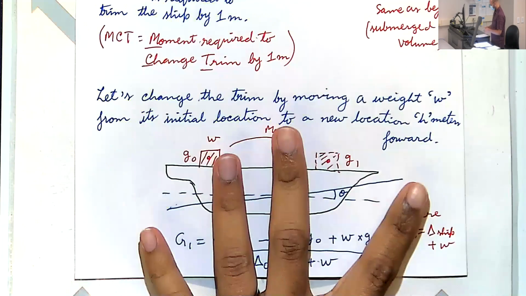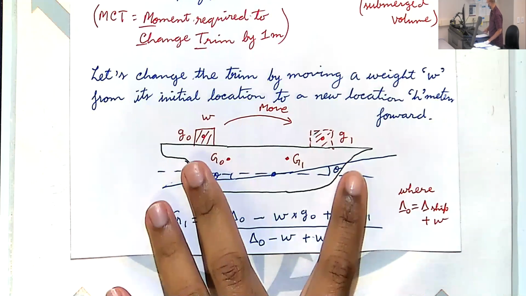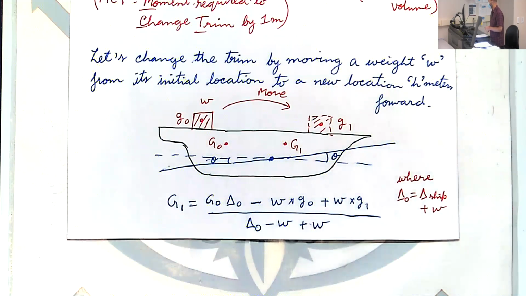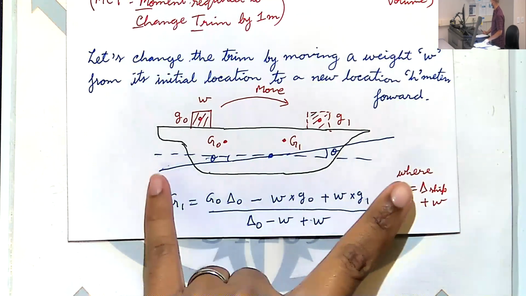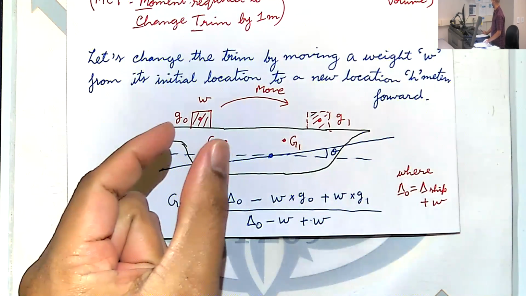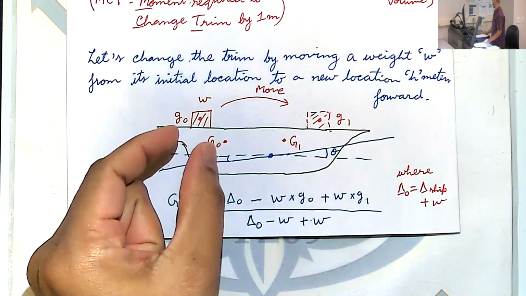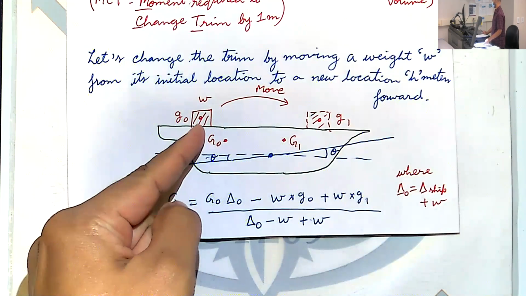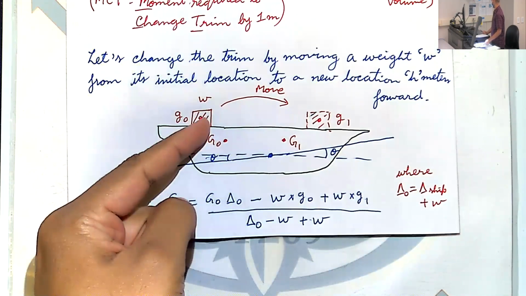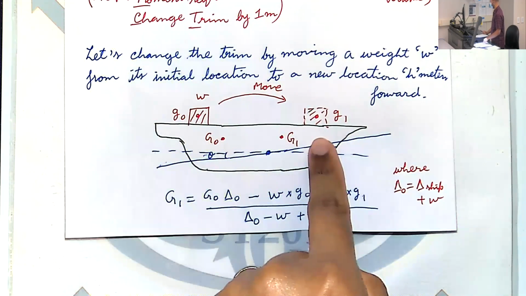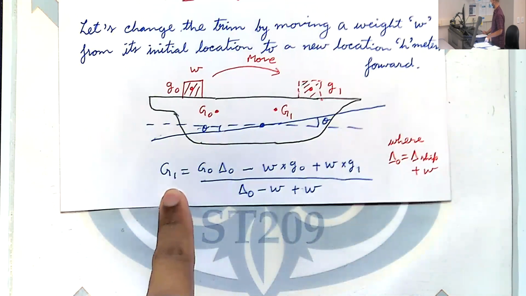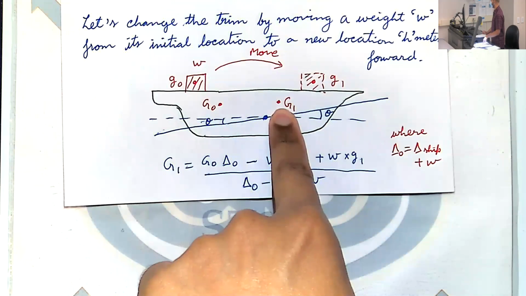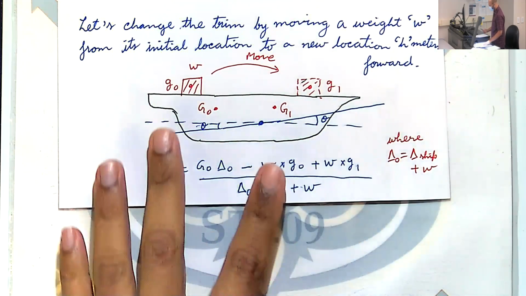Let's continue talking about trim, and today we'll finish with it. This is the scenario we were talking about where we have our hull, and a certain weight that is initially at a given position, and then we move it forward to a new position. The combined center of gravity will be at a new location G1, and we know how to compute that.